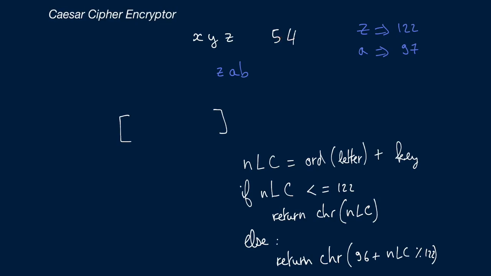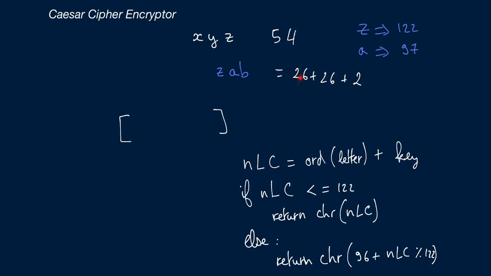How do I know that? Well, because 54 is equal to 26 plus 26 plus 2, if my arithmetic is correct. 26 plus 26 is 52, plus 2, 54.